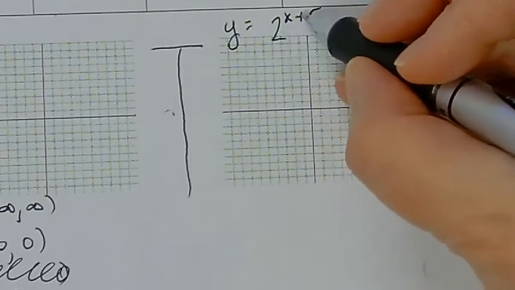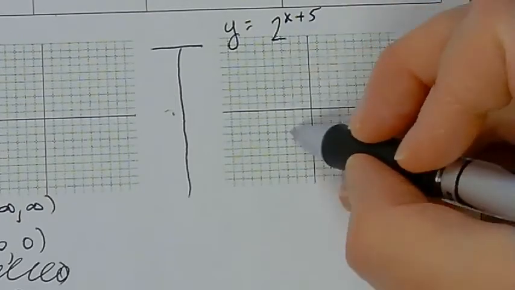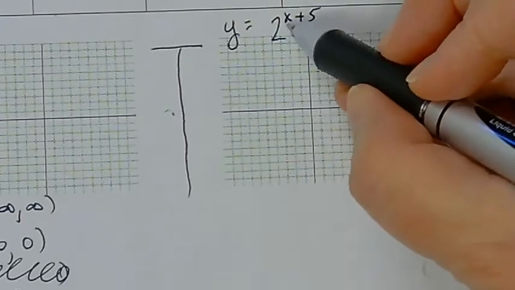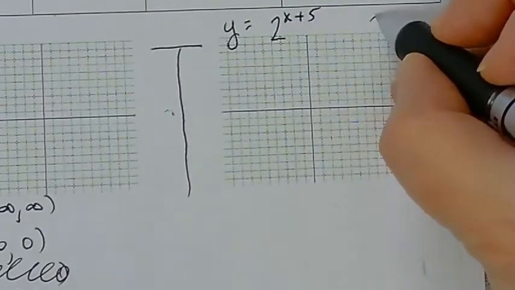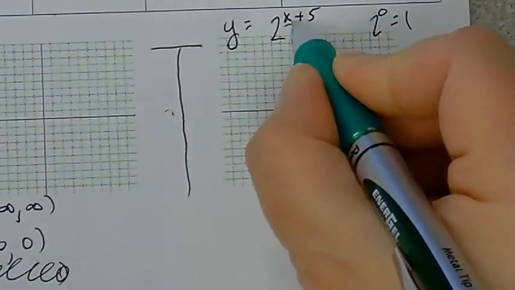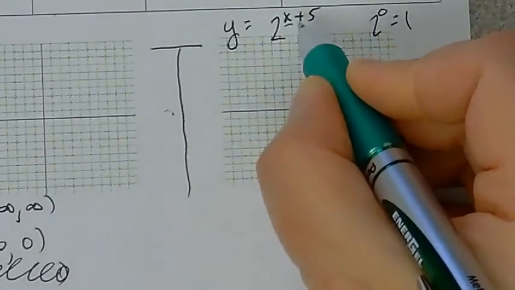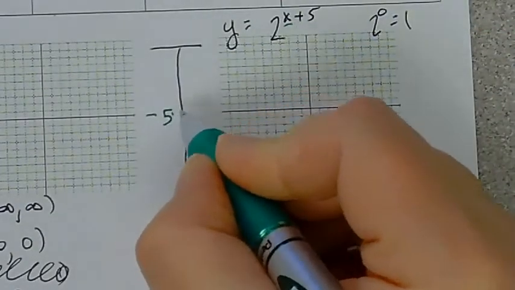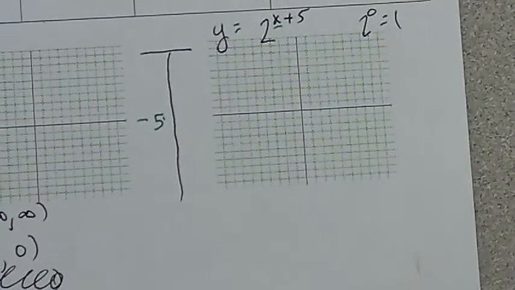and I'll have 2 to the 5th power, which is 32. That's too tall for my graph. So I usually pick 0 because 2 to the 0 power is 1, and that's an easy thing to graph. So this time I want to pick something for x that actually makes this be 0 on the top. And the thing that would make that 0 is if I picked -5 for x.